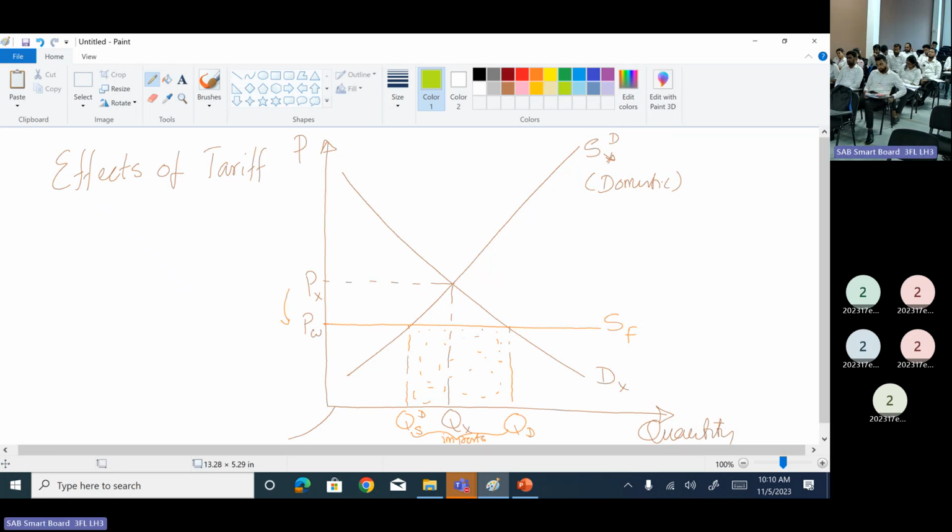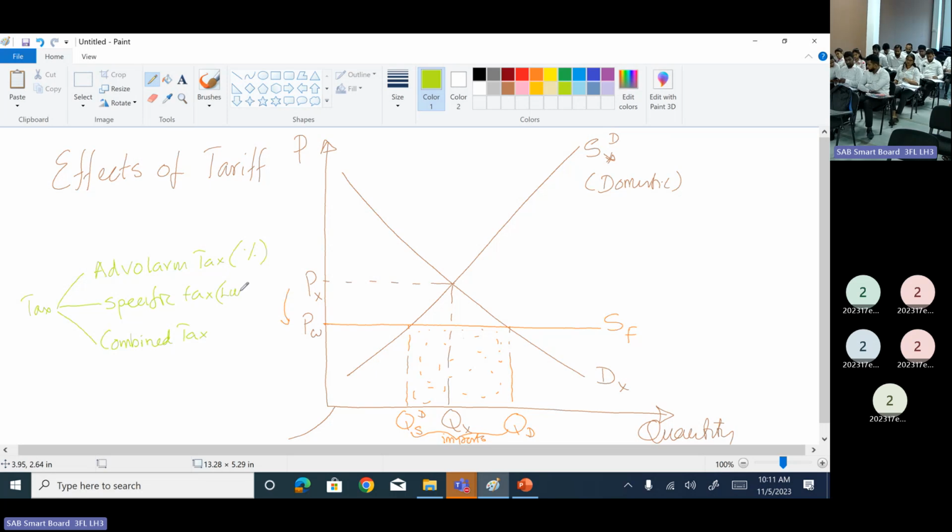The tax can be a percentage tax, which we call an ad valorem tax, a specific tax, or a combined tax. So there can be different types. An ad valorem tax means a certain percentage, like 2% or 3%. A specific tax means a fixed amount for the consignment, like a lump sum tax.